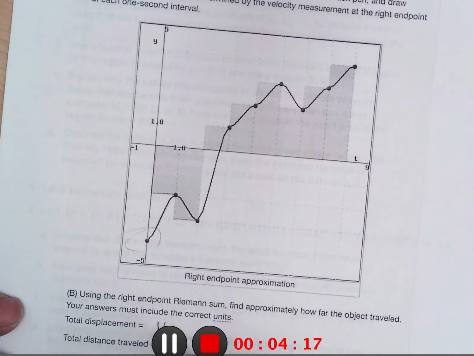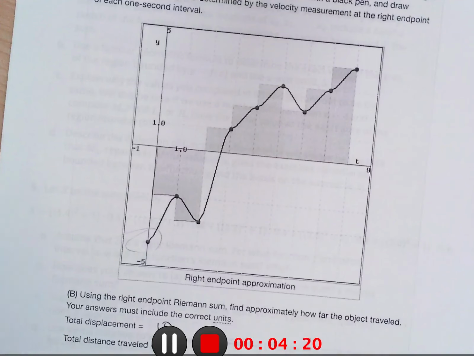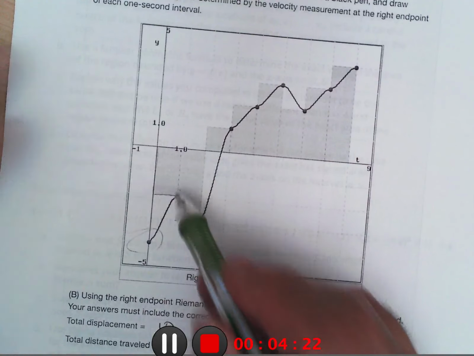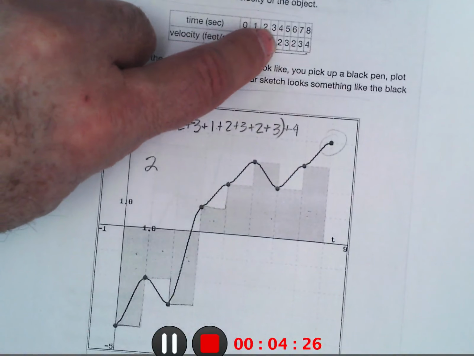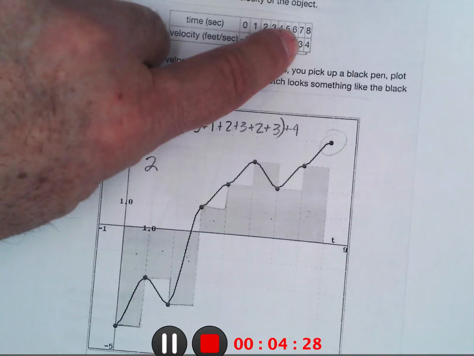You can go through the math and do that, but you can basically do -2 plus -3 plus 1 plus 2 plus 3 plus 2 plus 3 plus 4. And times 1, because that's the width of the interval, and you should get 10.